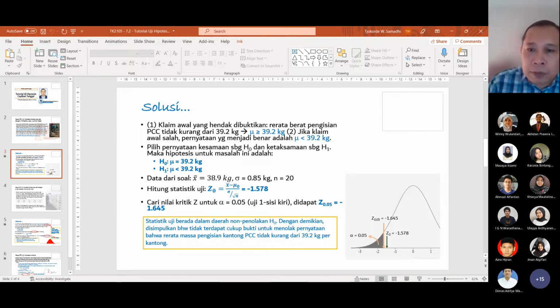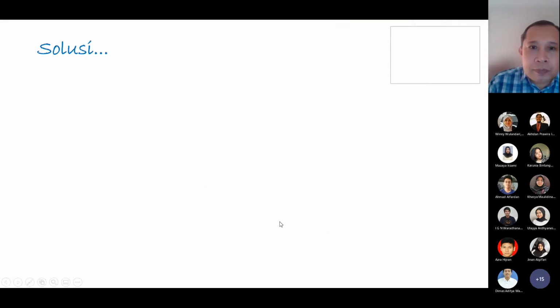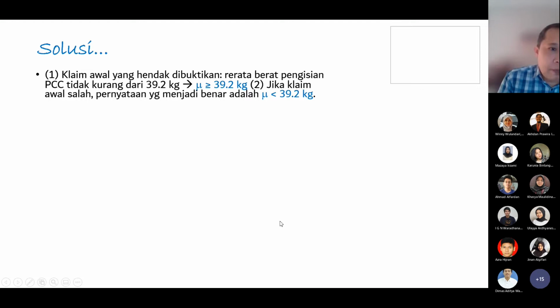Let me move to presentation mode so I can draw some doodles. So this is the initial claim that we want to prove, in mathematical form. Again, the initial claim is that the average filling weight of the PCC is not less than 39.2. Not less than means larger than or equal to 39.2, right?